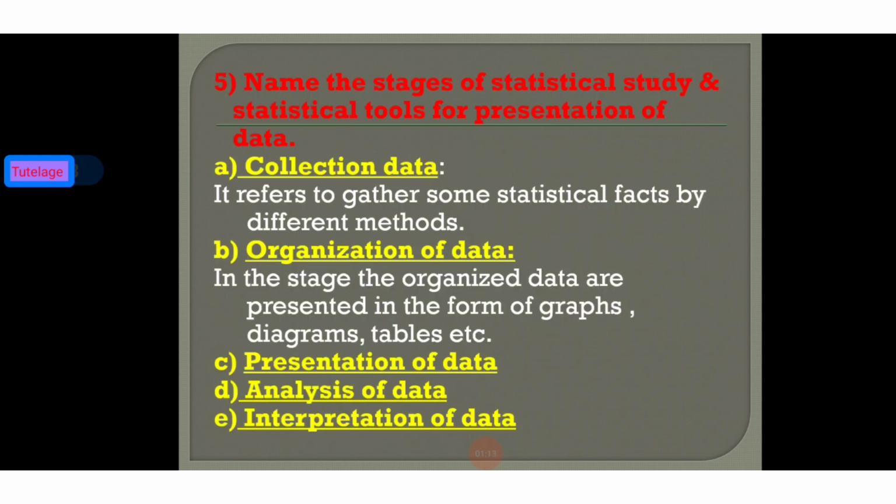Name the stages of statistical study and the statistical tools for presentation of data. There are five stages, and this is also a most important part of statistics. We have already discussed that portion briefly in my previous sessions, so if you have any problem, please go and check my previous lesson.